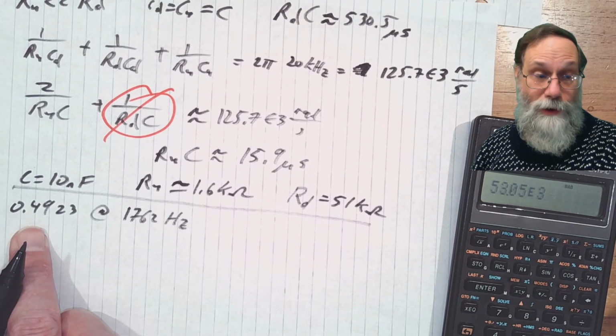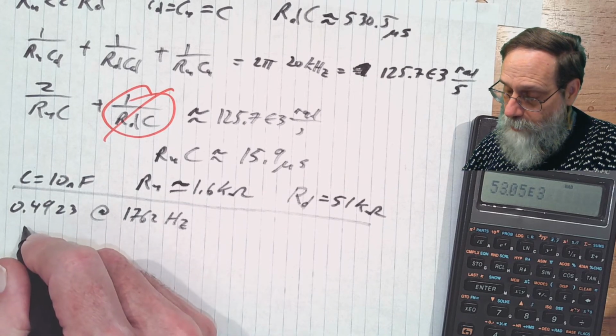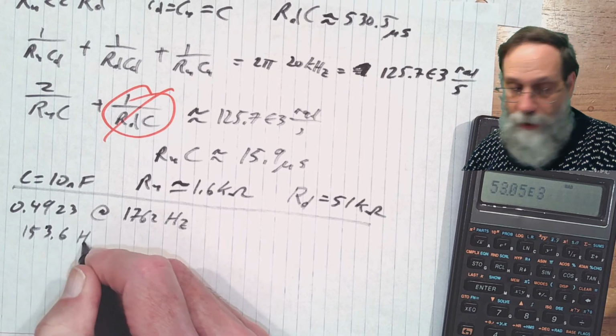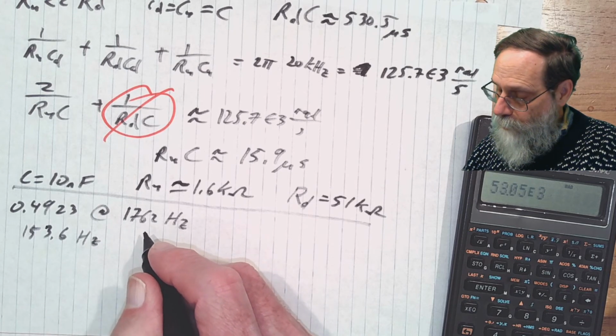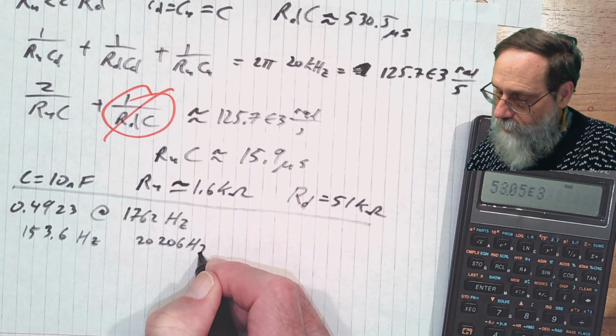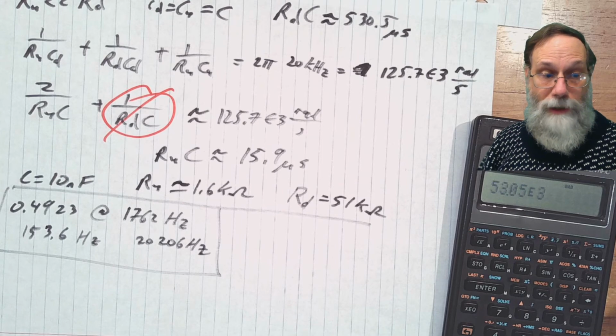It's between the 0.4 and 0.6 that was our acceptable range. And the corner frequencies came out to be 153.6 hertz and 2206 hertz. And that's pretty close to what we wanted for the specs.